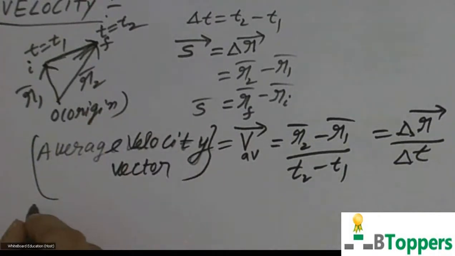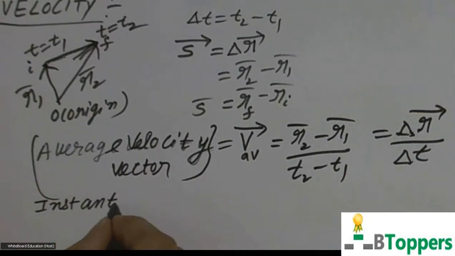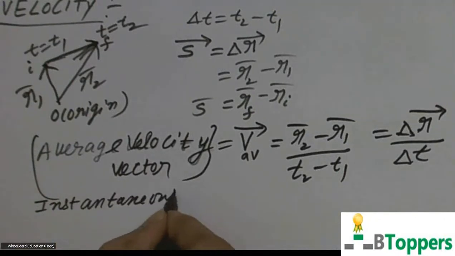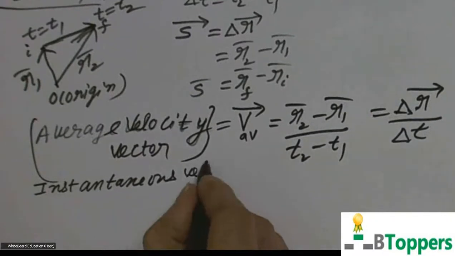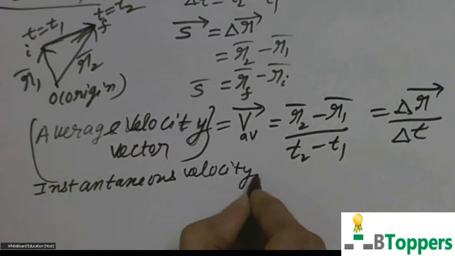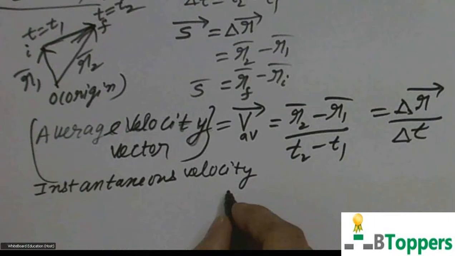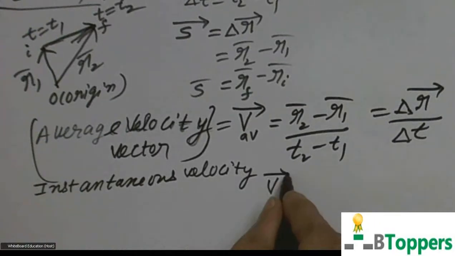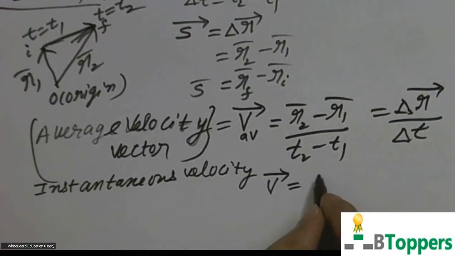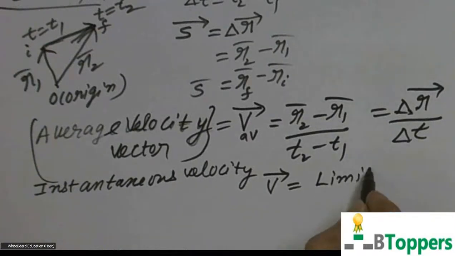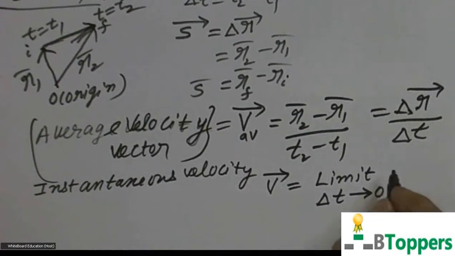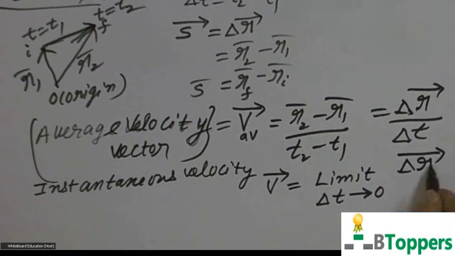So the instantaneous velocity of the particle at the instant of time t equal to t1 is given by v bar equal to limit delta t tending to 0 of delta r bar by delta t.